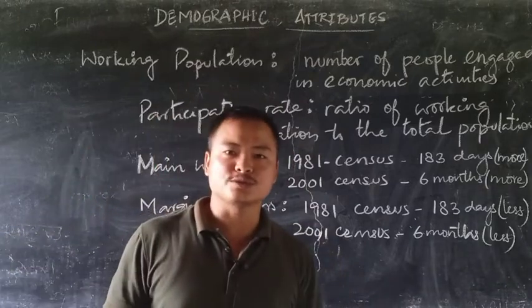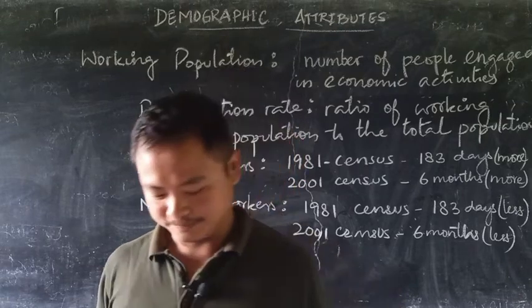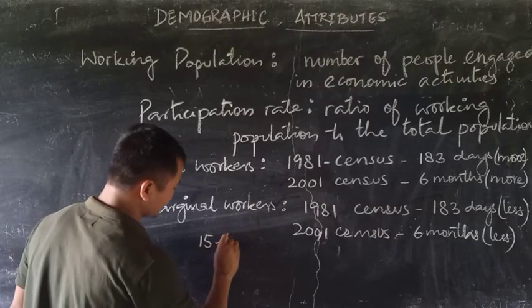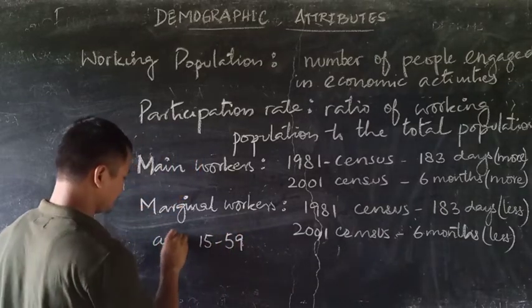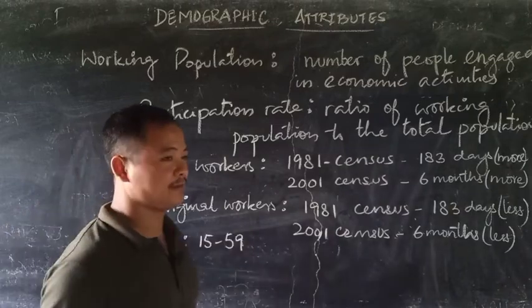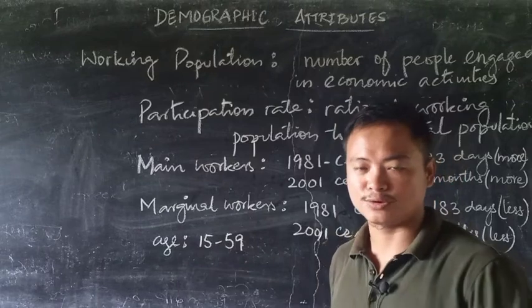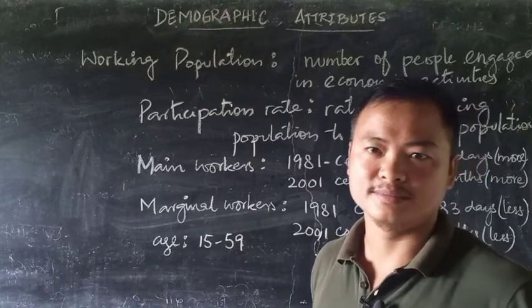So when we look at this working population working as the main workers and the marginal workers in the country, it has been found that the workers are mostly aged between 15 to 59. This 15 to 59 age group is considered to be the most productive age and hence they are the main workers.